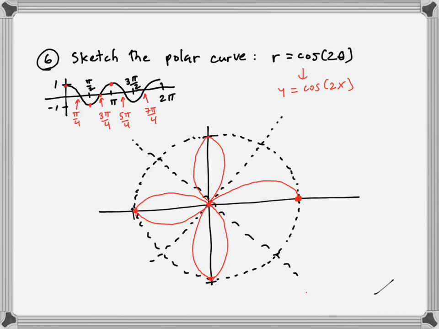Oh no, sorry, we got one more piece, and then it goes like that. So it's really cool. We actually get what we call a four-leafed rose. Okay, four-leafed rose.